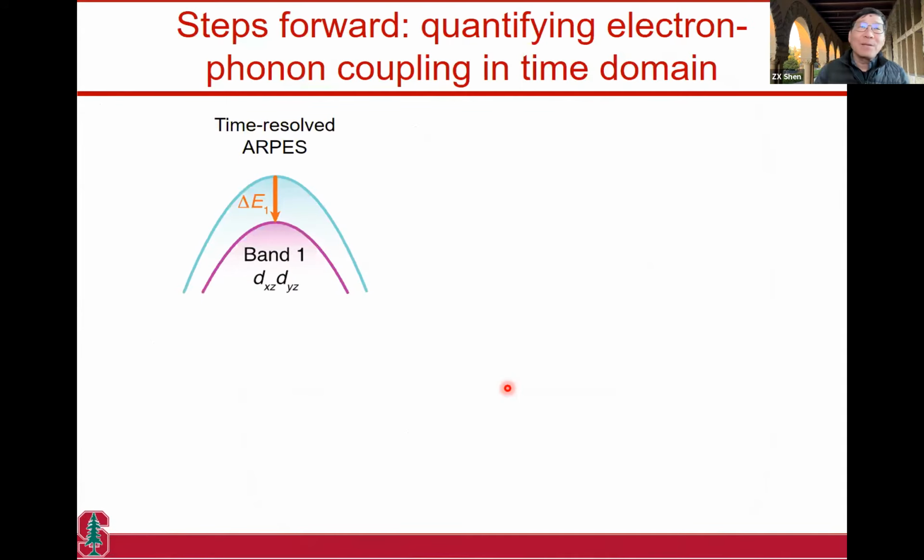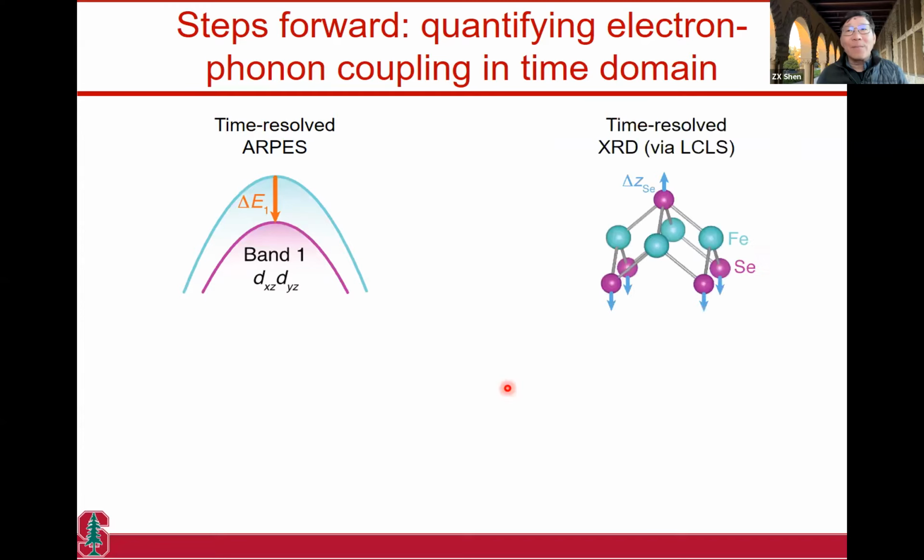So this leads me to the work we did using a time-resolved experiment. In the time domain, you can possibly do some experiment that achieves a precision which is not possible otherwise. So the idea is that I'm going to move this selenium height up and down through some sort of excitation. If I can measure this height change directly, and I can also measure the band structure change directly, both are direct measurements.